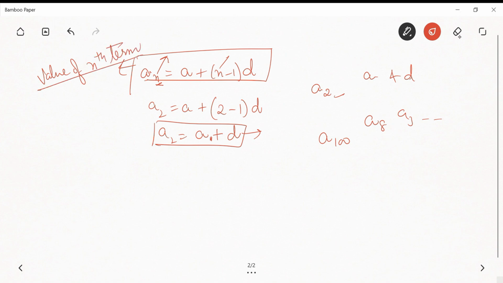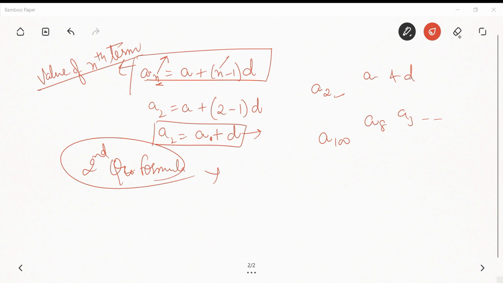Now comes the second formula, that is the sum. If the question is asking you to find the sum of n terms, then the formula is Sn is equal to n by 2 into 2a plus n minus 1 into d.